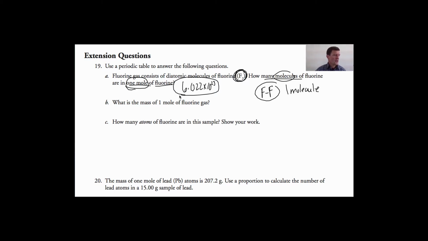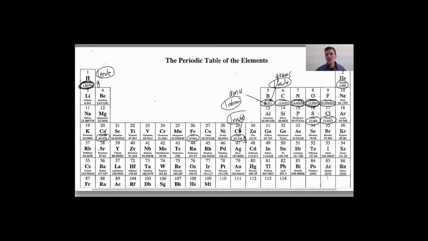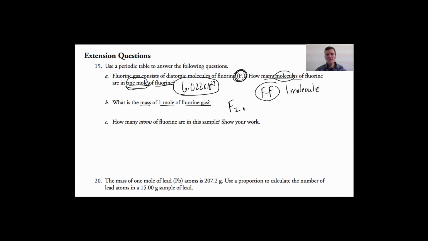And what is the mass of 1 mole of fluorine gas? We have to be careful here because if we look on our periodic table, F has a molar mass of 18.998, okay, 19. But I'm not just working with F, I'm working with F2.